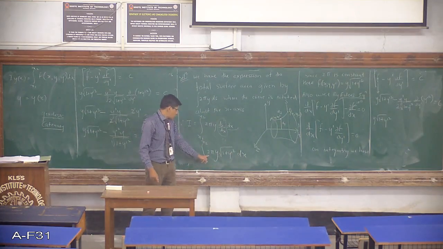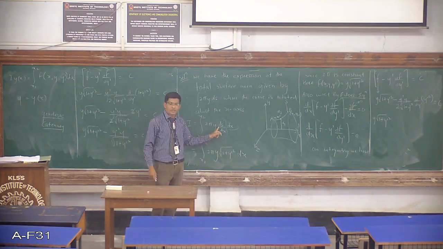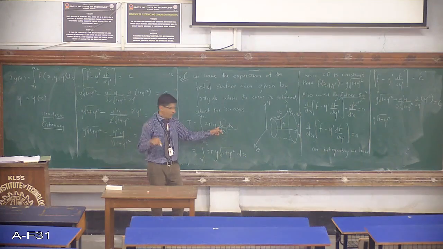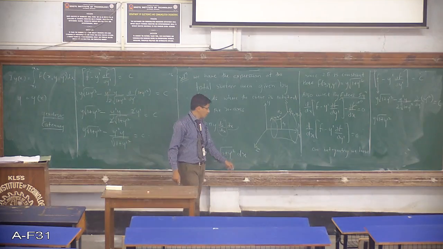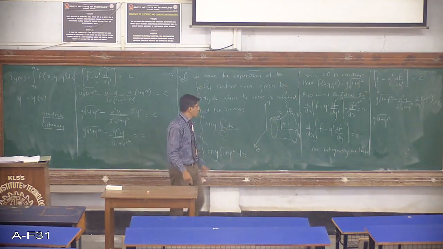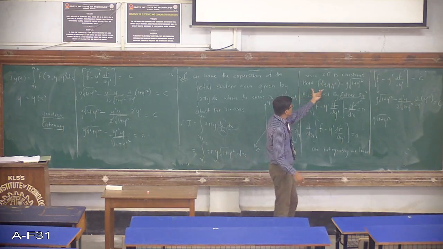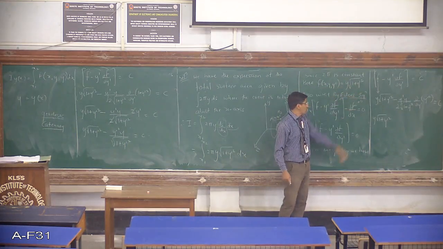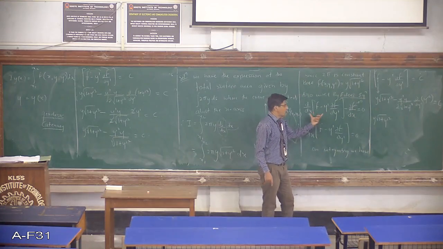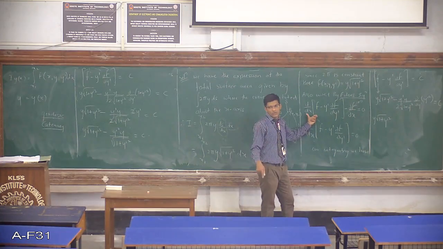Now this is 2 pi y, and the arc length of the surface is given by square root of 1 plus y1 prime square dx. Since 2 pi is constant, the given functional is y into square root of 1 plus y1 square.